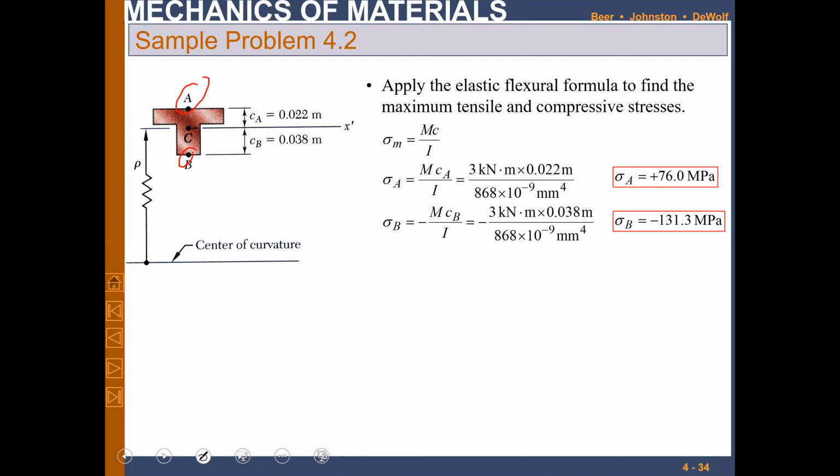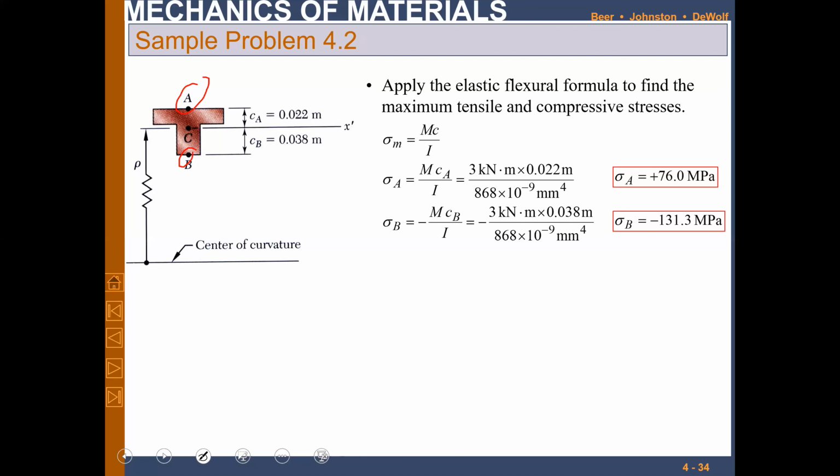So it will be 0.022 meter for the C, the distance from the centroid, and for surface B, that is 0.038, the distance of surface B from the centroid, divided by 868, the I for this shape we calculated on the previous slide. So we will come up with 76 megapascal and 131.69 megapascal.